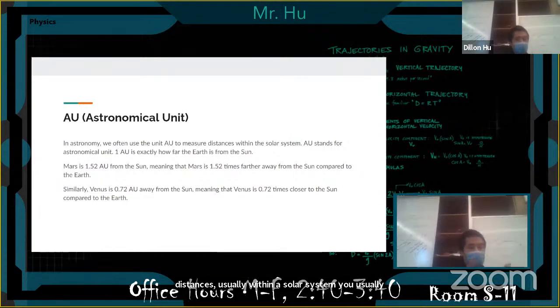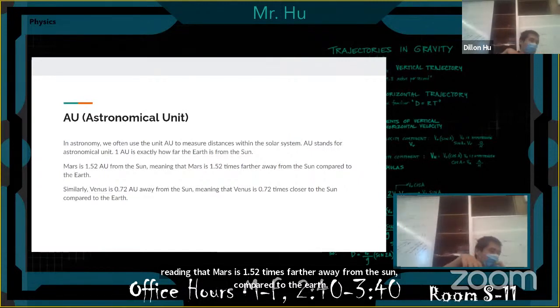The way we set our AU is that 1 AU is exactly how far the Earth is from the sun. So Earth is exactly 1 AU from the sun. That's what we calibrated our units as. So Mars, for example, is 1.52 AUs from the sun, meaning that Mars is 1.52 times farther away from the sun compared to the Earth.